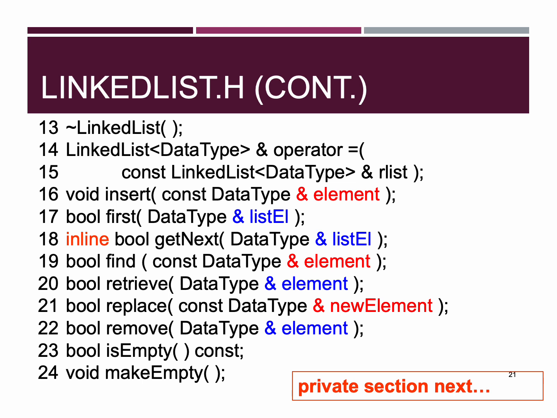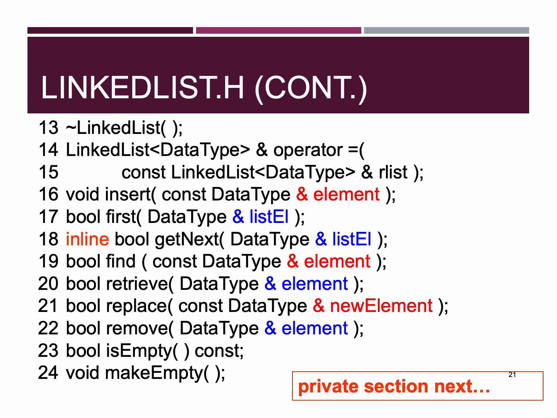So we have the destructor, which is responsible for cleaning up and deallocating any memory used by the linked list when it's no longer needed. The assignment operator allows us to assign one linked list to another by copying its elements.